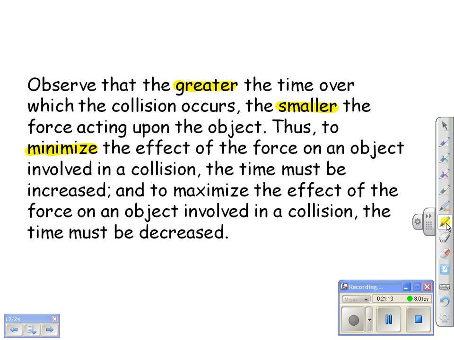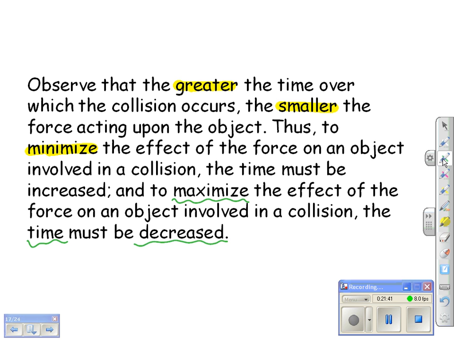To minimize the effects of the force on an object involved in a collision, the time must be increased. And to maximize the effects, and maximizing is bad, we don't want to maximize effects typically, unless we're wanting to hit somebody really hard, the time has to be decreased.